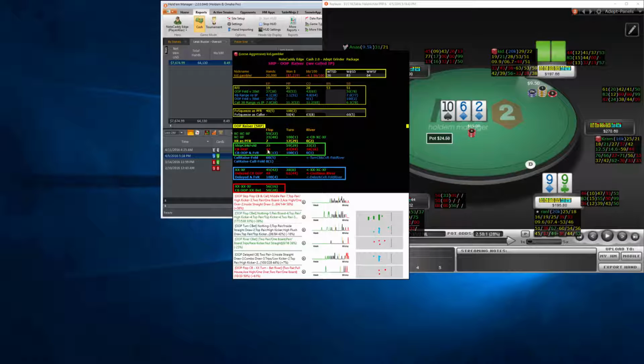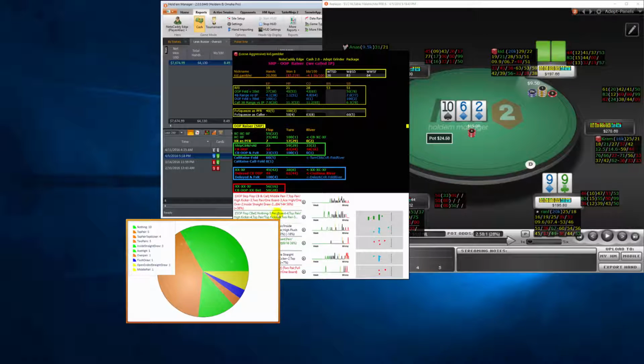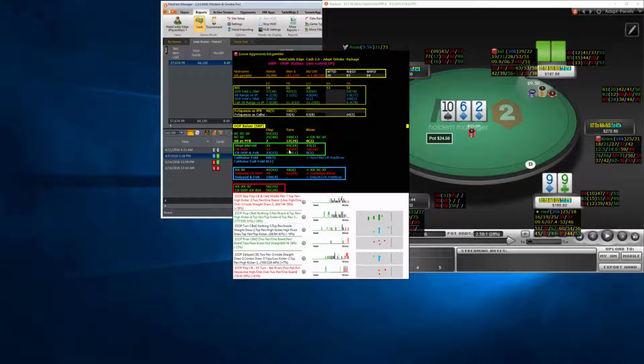Even though the c-bet is low, we know that he has a lot of air and he slows down a lot on the turn, so he'll be easy to play against. So we call, and the turn is 2 of spades, so the bottom card paired, and what he does is he c-bets again.